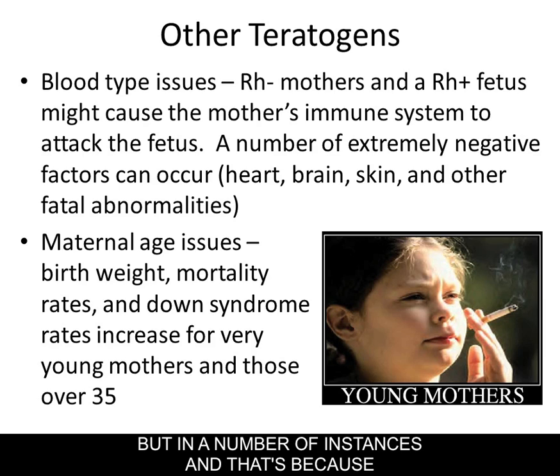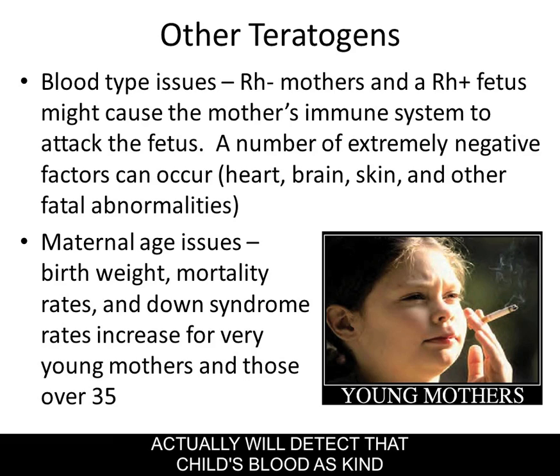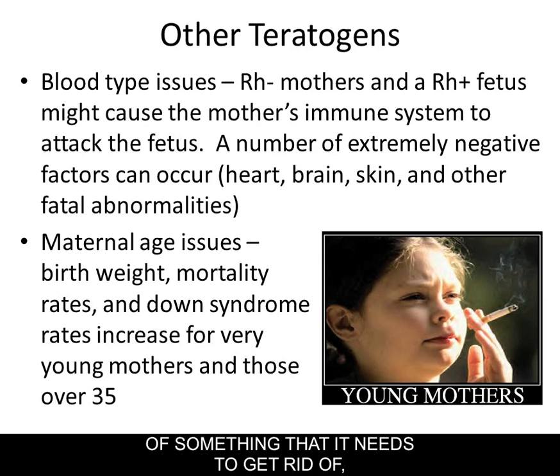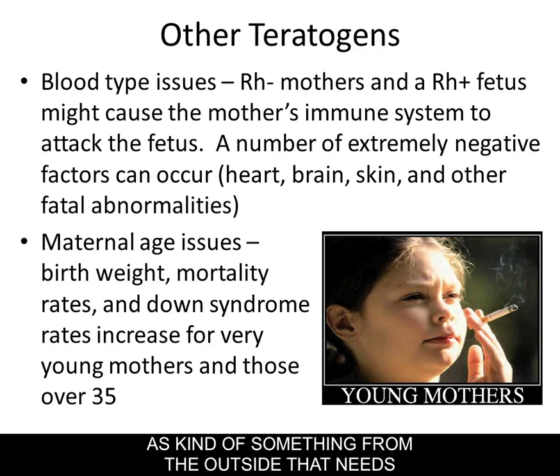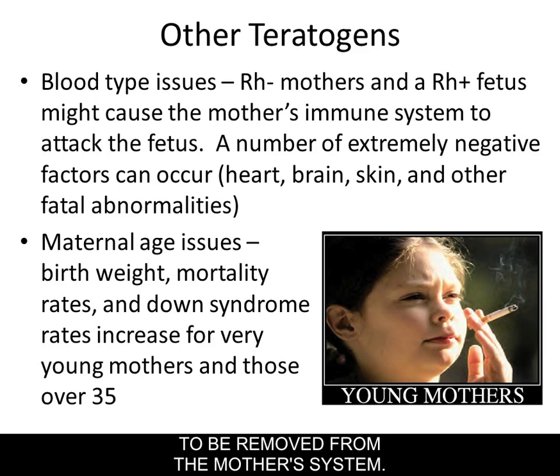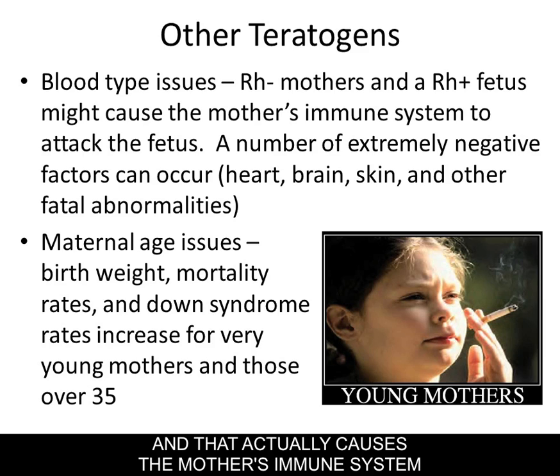And that's because the mother's immune system actually will detect that child's blood as something that it needs to get rid of, as something from the outside that needs to be removed from the mother's system. And that actually causes the mother's immune system to attack the fetus.